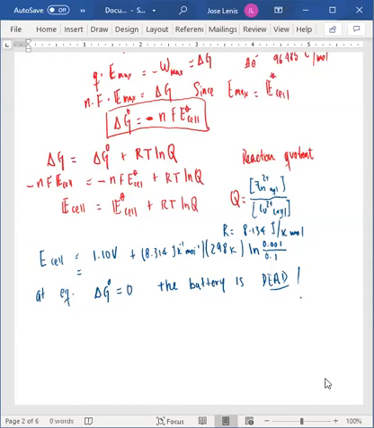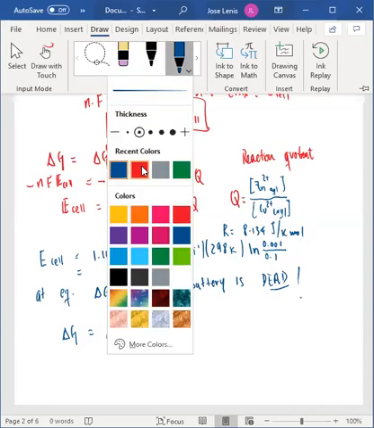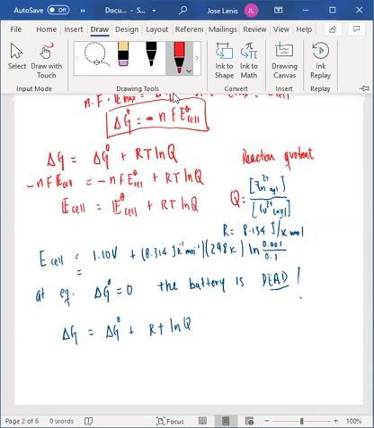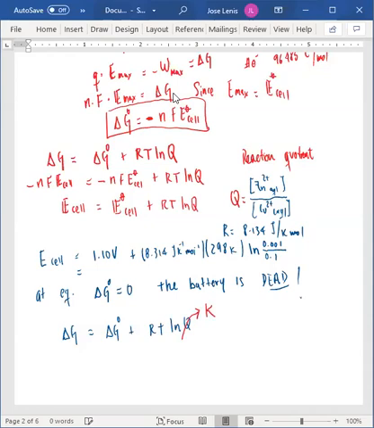We say that delta G, let me rewrite that again, delta G equals delta G standard plus RT natural log of Q. If the system becomes at equilibrium, that means at equilibrium, Q will become K, and delta G will become 0.